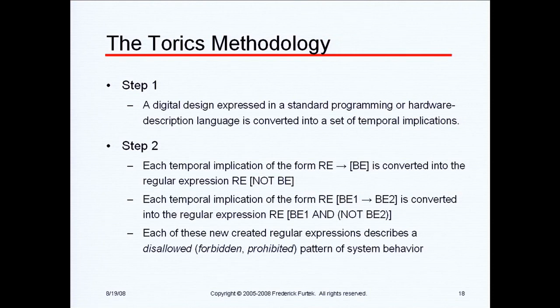Now, this is necessary in order to apply the mathematical machinery and the algorithms based on that mathematics. Is this clear? Is there anything confusing about what we're doing here? Because the algorithms don't handle implications. The algorithms could be designed to, but it's a lot simpler to do it this way.